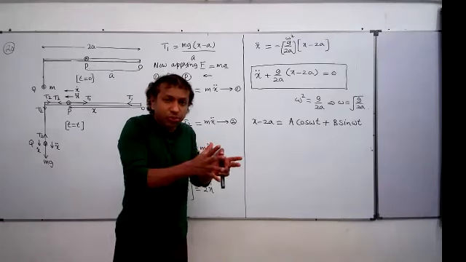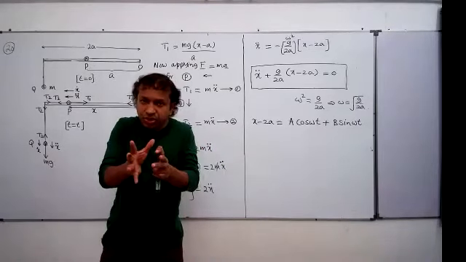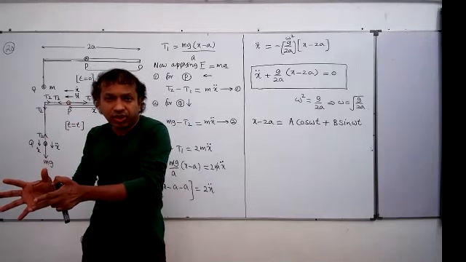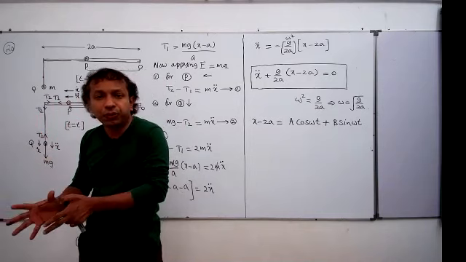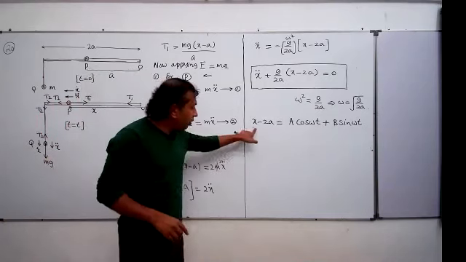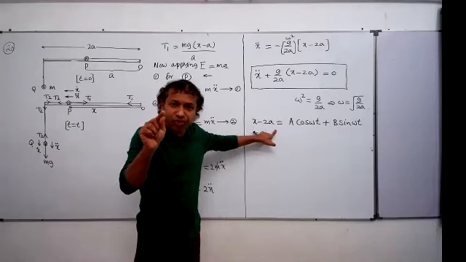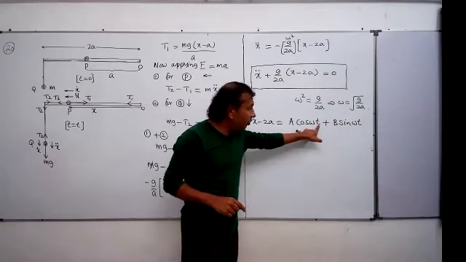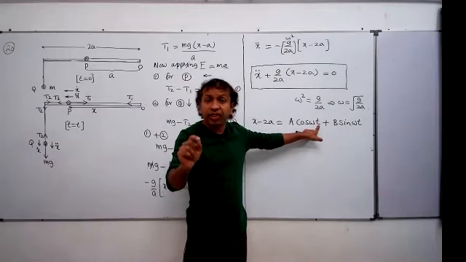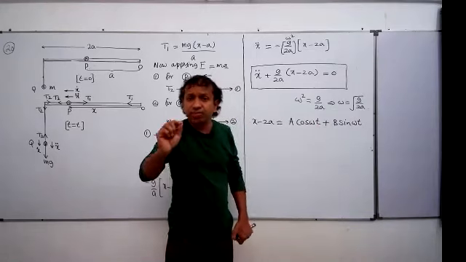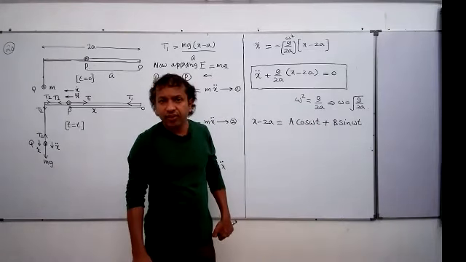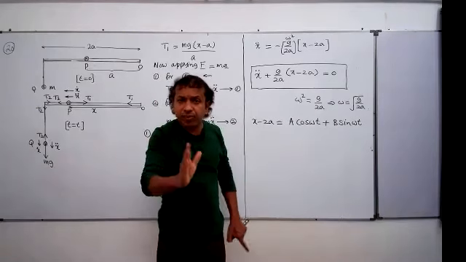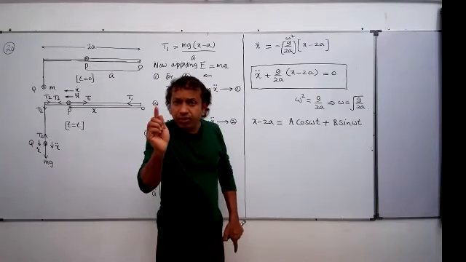The system moves in a separate motion, and after some time only, the particle enters into simple harmonic motion. Remember, this equation is valid only for simple harmonic motion. So therefore, in this equation, t equals 0 means the very first instant the simple harmonic motion begins.